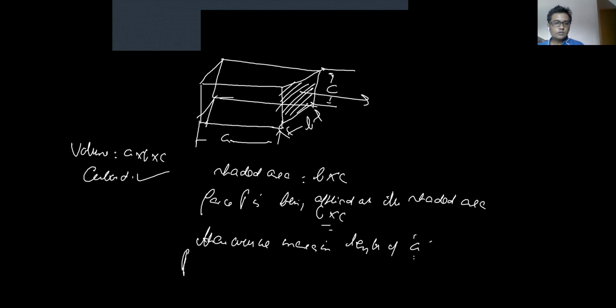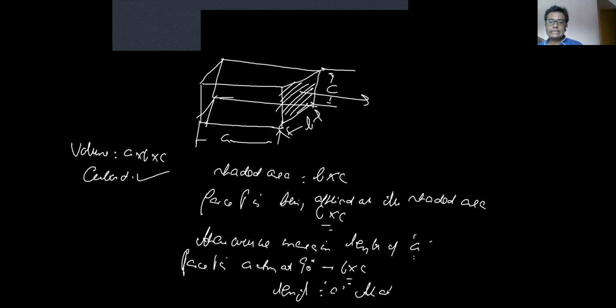Because the force P is acting at 90 degrees to B into C. So the length out here, your A, will increase.